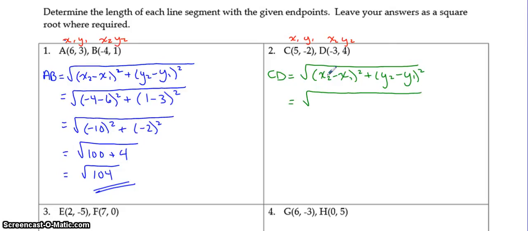To substitute, x2 minus x1 is negative 3 minus 5 squared, and then y2 minus y1, 4 minus negative 2 squared.